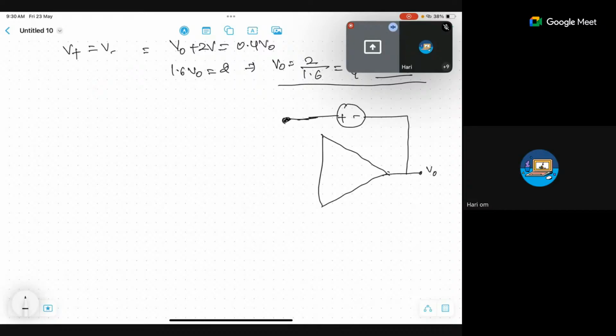What is the voltage at this point? This voltage V naught plus this voltage. So the voltage at this point is V naught plus Vs. If I change the polarity, then it will be minus. If this becomes minus and this becomes plus, then I say V naught minus Vx.